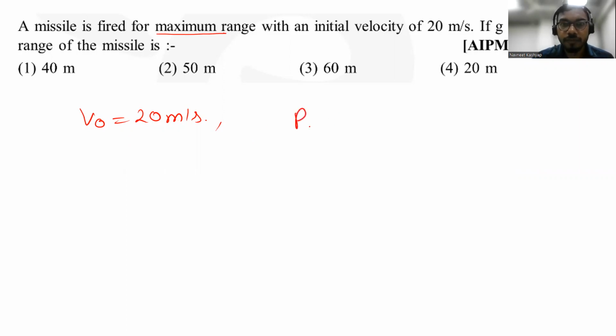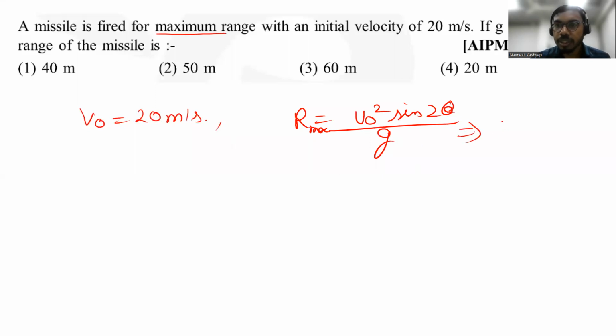Now let's just write the formula first. So range is equal to what? V naught square sine 2 theta by g. When will this be maximum? To find maximum, this whole thing should be maximum. Now v naught and g are constant. What can be changed? Theta. So this means that sine 2 theta is to be maximum.